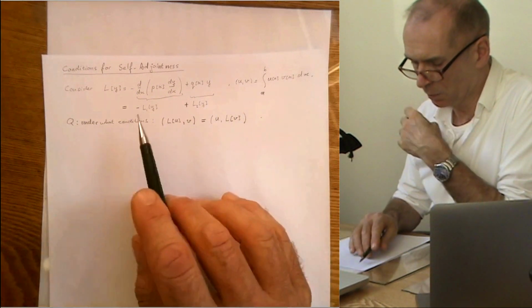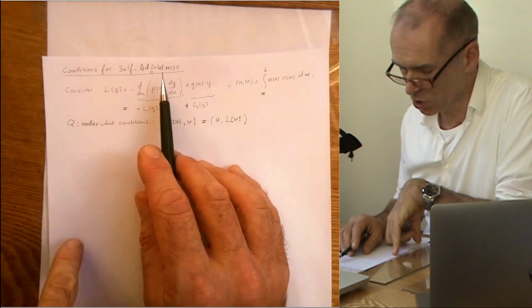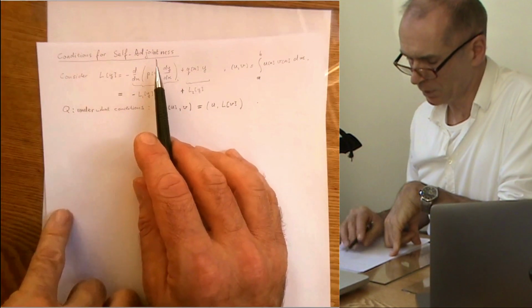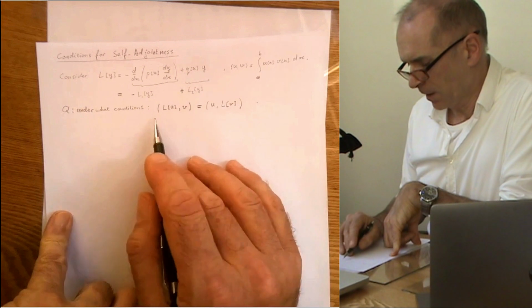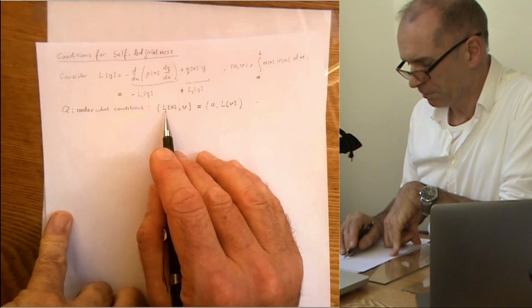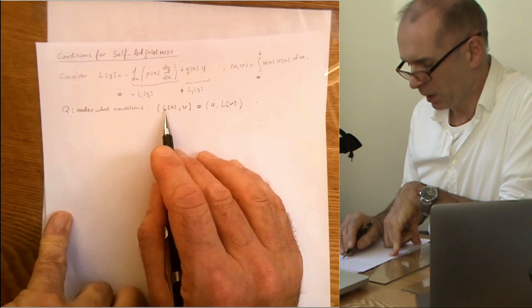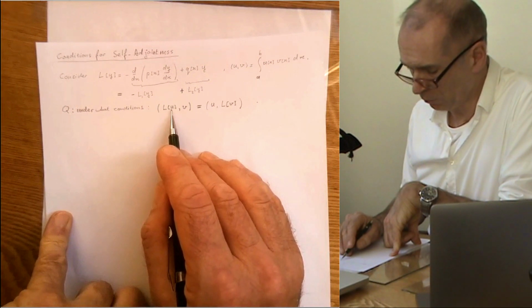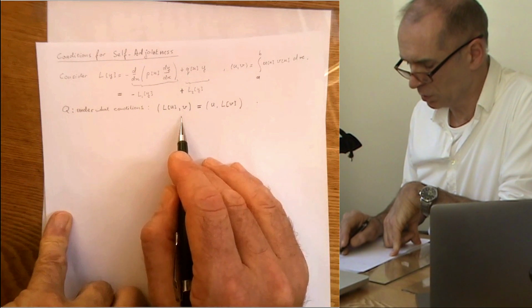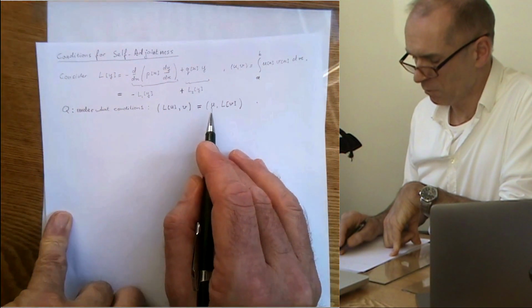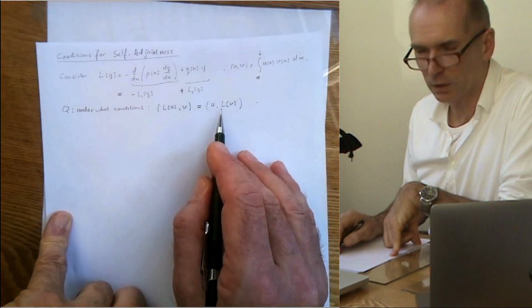And then the property of self-adjointness that is key is this one. You say if I have the linear operator L acting on an argument function u, and then take the inner product with v, that should give the same as having the inner product of u and L acting on v.